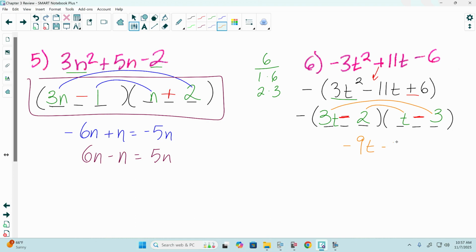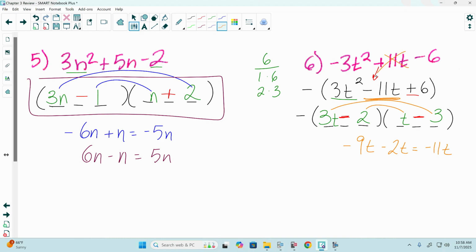Negative 2 times t is negative 2t. And negative 9t minus 2t, negative 9 minus 2 is negative 11. Especially in the calculator, you can't plug negative 9t minus 2t in, but we can do negative 9 minus 2. It tells us it's negative 11.